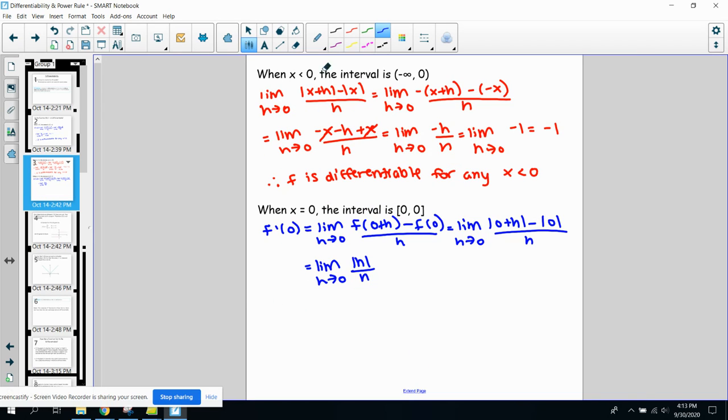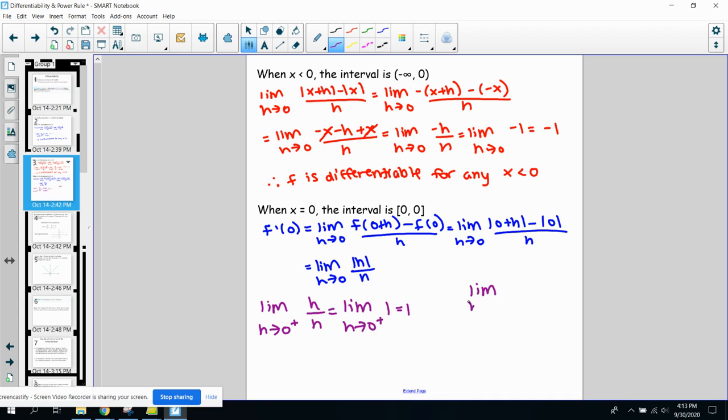Let me change colors. So we're going to do the limit as h approaches 0 from the right. If it's coming from the right-hand side, the absolute value, whatever's inside, will be positive. So this is going to be h over h. And if I simplify that, I get the limit as h approaches 0 from the right of 1, which is 1.